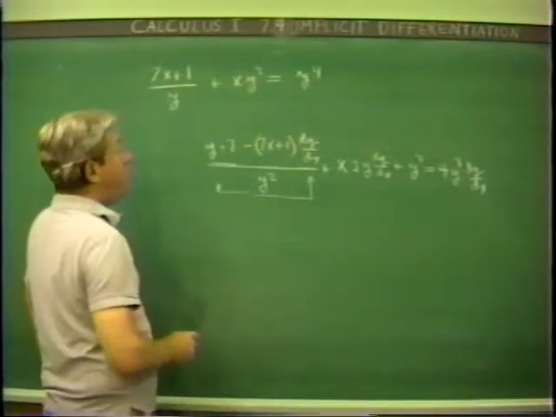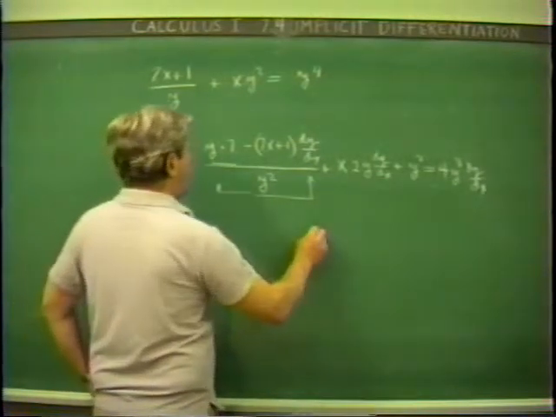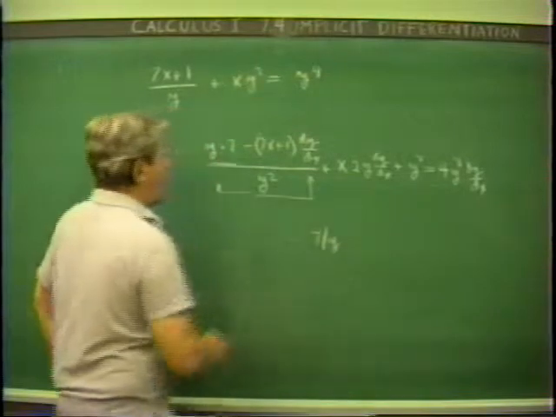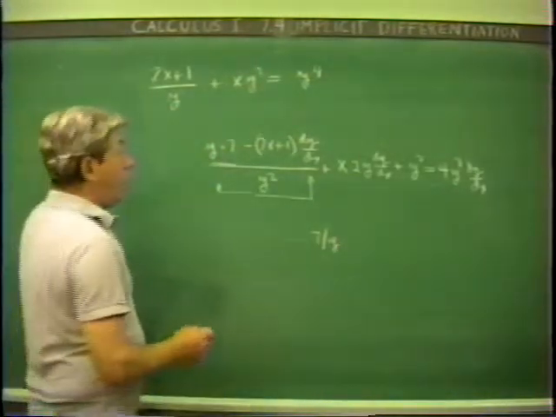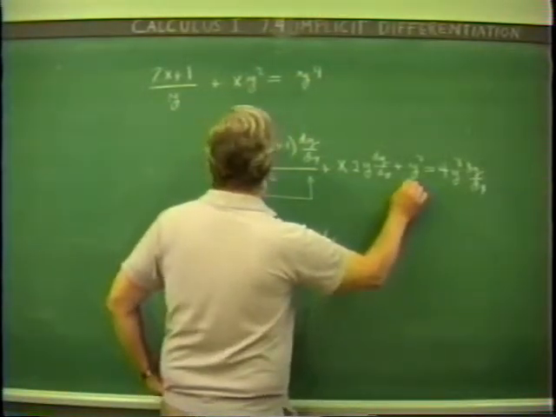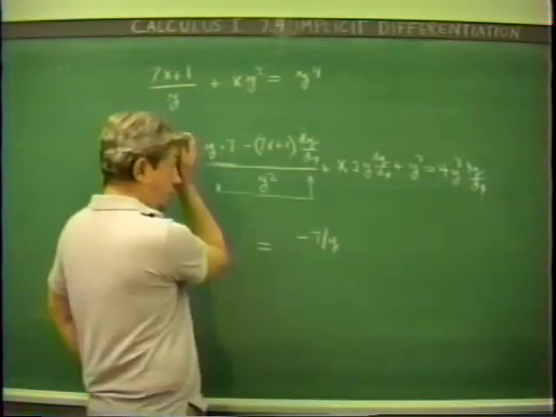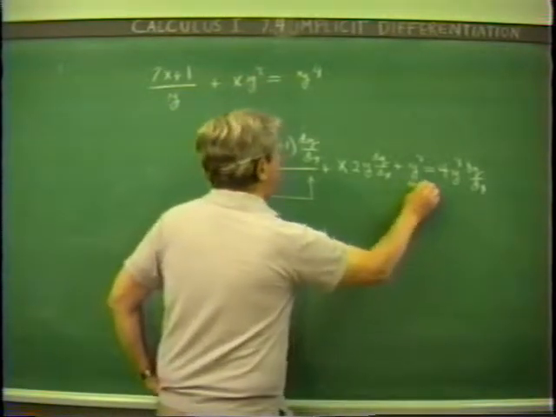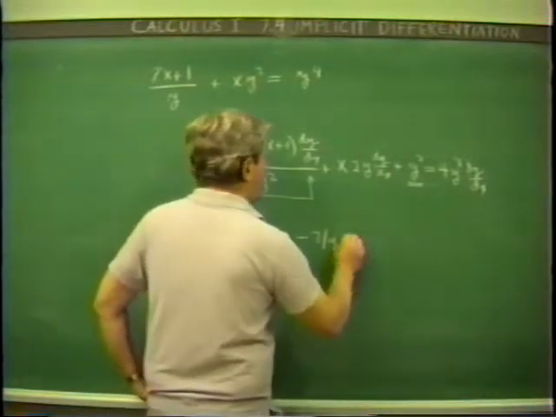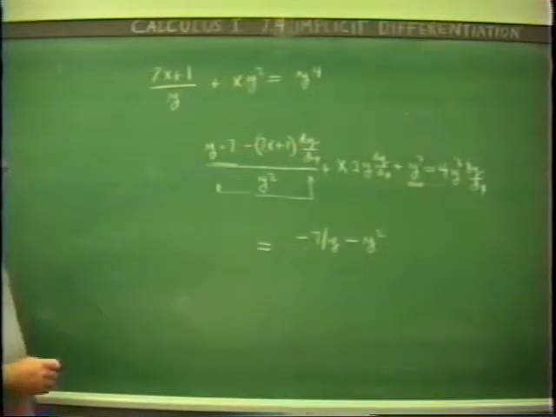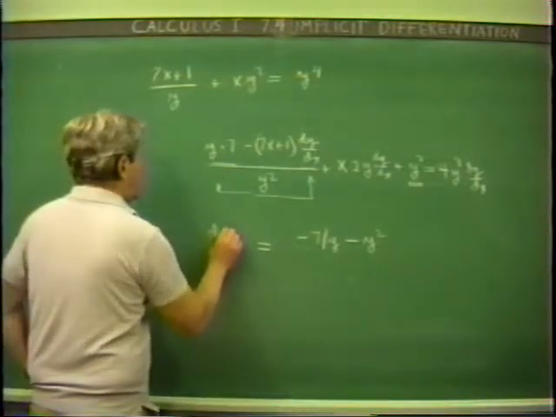So bringing this term here to the right, we get 7y over y squared, or 7 over y. We've also got this term here. This should be minus 7 over y if we're bringing it to the right side of the equation. We've also got this term here, which is going to be minus y squared when we subtract it from both sides. That takes care of all of the terms that do not have a dy dx in them.